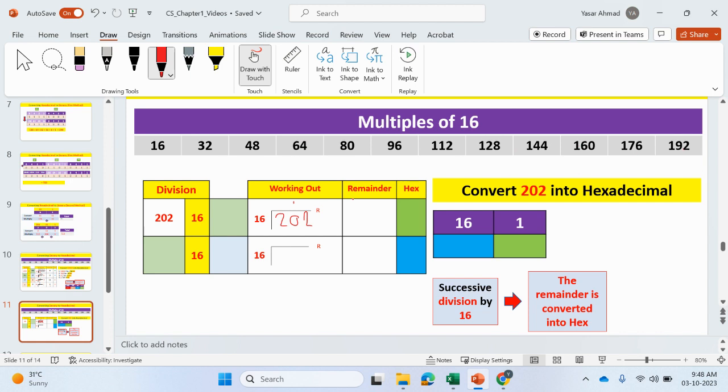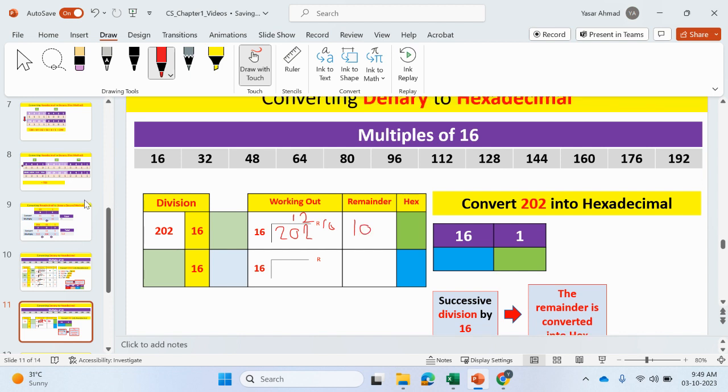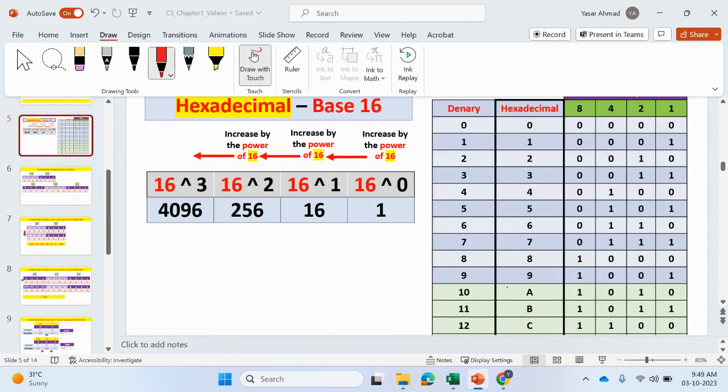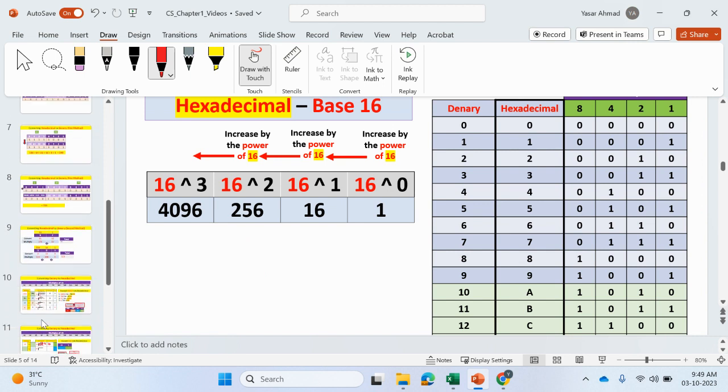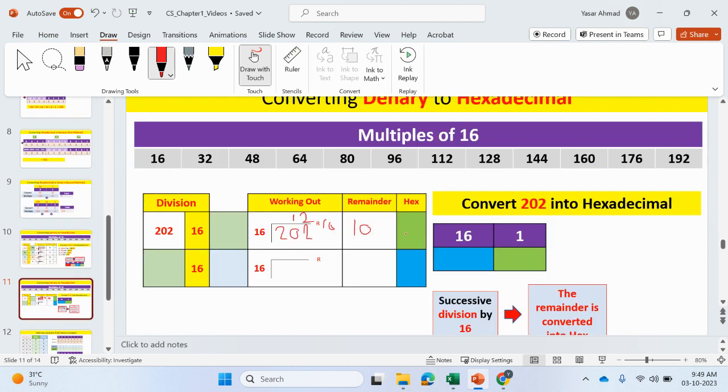So it goes in 12 times into 202. And what's left over? We're left with 10. So the remainder is 10. I'm going to put the remainder here, and if it's 10, it's equal to A. So A is the first value.